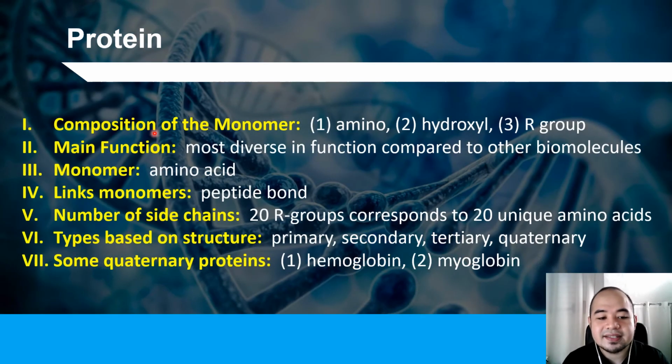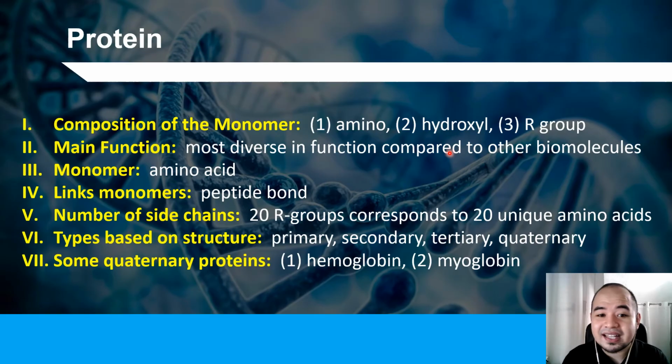To summarize, the composition of the monomer of the amino acid is we have the amino group, the hydroxyl group, the R group, and of course the central carbon atom. The main function, it's most diverse when it comes to function because kakaiba nga, kapag nagpalit lang yung positions ng dalawang amino acid, pwede nang mabago yung function ng protein.